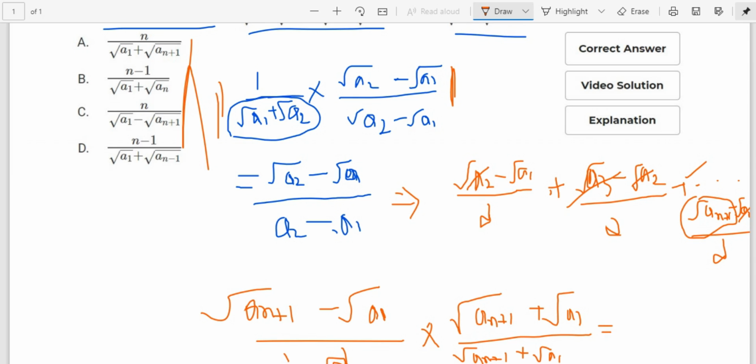So what I'm getting after multiplying with these two numbers, the under root will be removed and I'm getting a n plus 1 plus a1, divided by d, because d is here, isn't it?